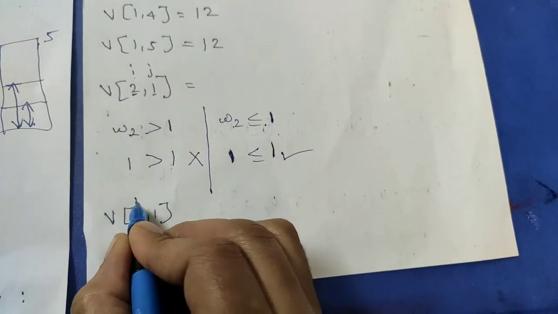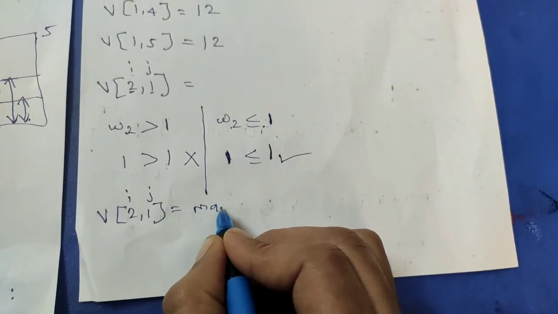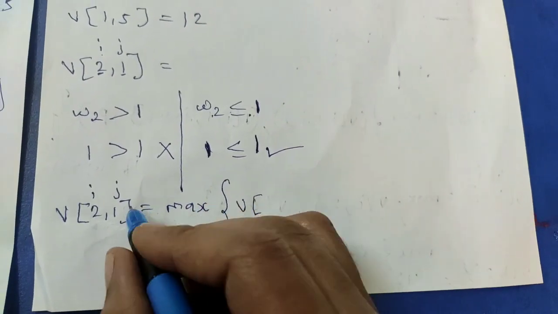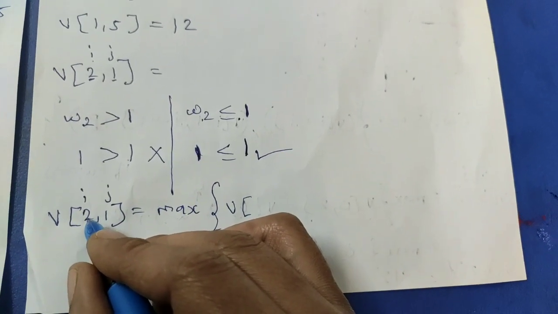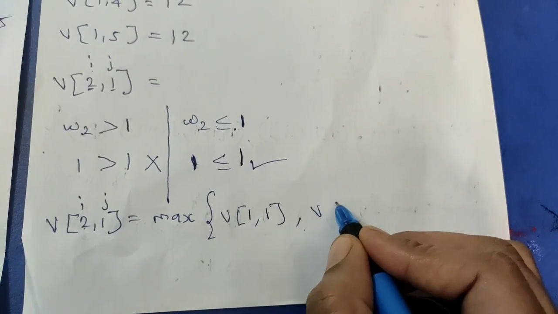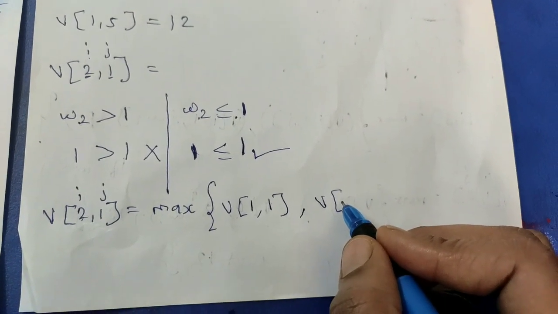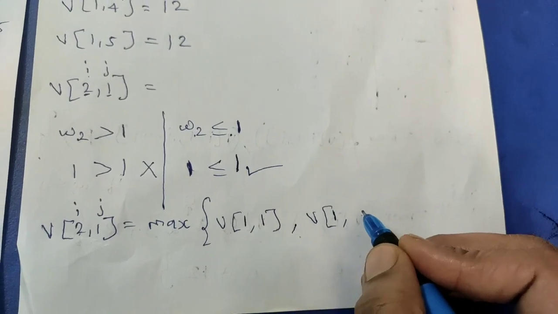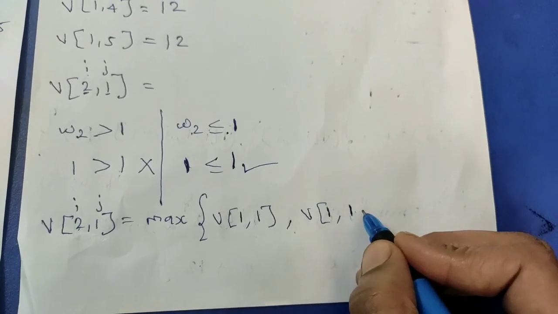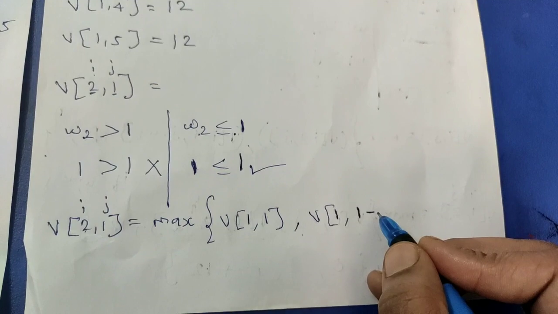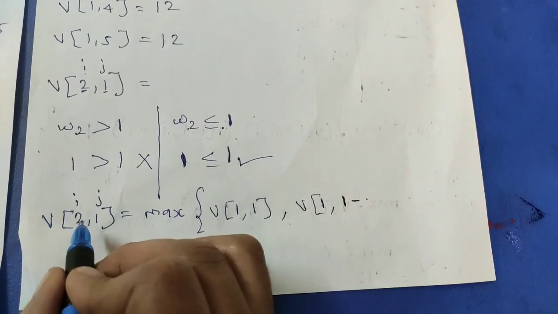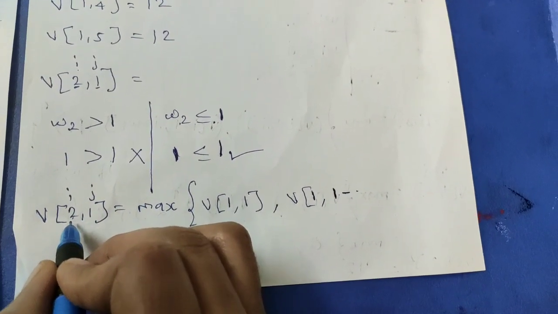As per the third formula, 2 comma 1 is the location, this is the i value, this is the j value. Maximum of V of i minus 1 comma j: i value is 2, 2 minus 1 is 1, j value is 1, comma V of i minus 1, that is 1, comma j minus wi, the j value in the given location is 1, minus the weight of the item which is getting processed now.